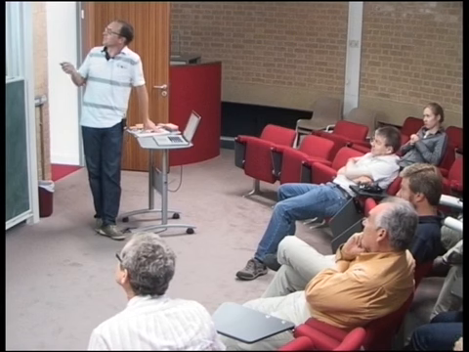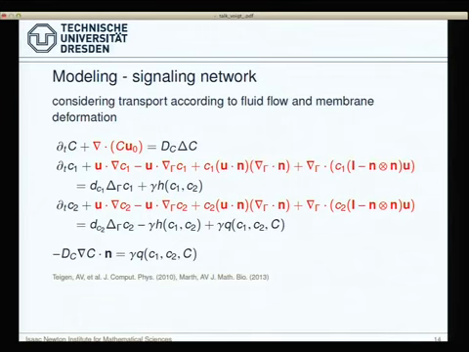We have movement in the tangential direction and in the normal direction, and stretching and so on. However, this is what you get in order to have conserved C1 and C2. Okay. So in this way, our reaction diffusion system couples to the flow and to the deformation.